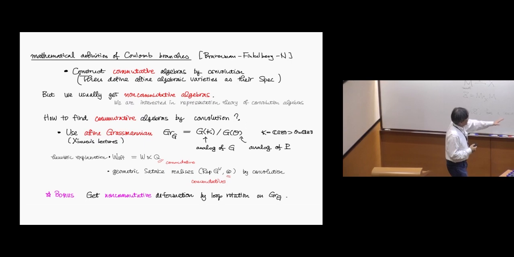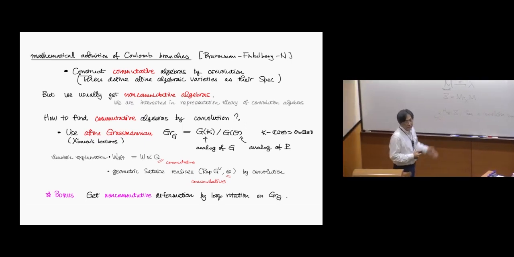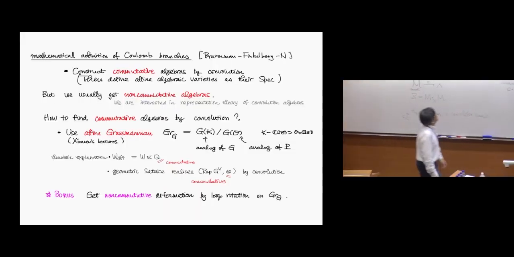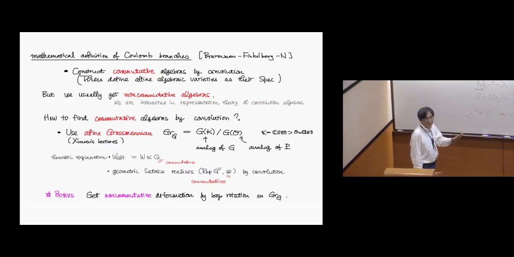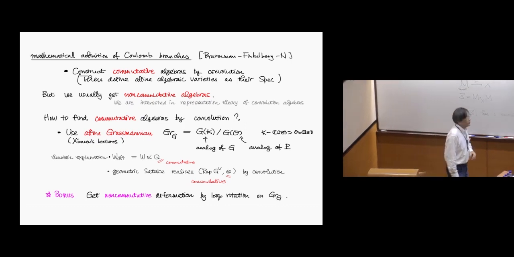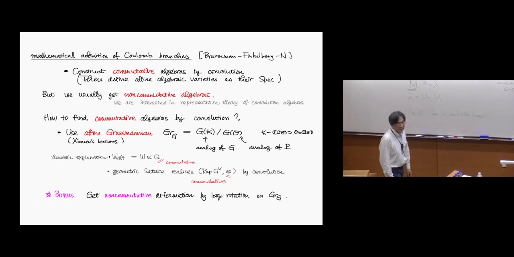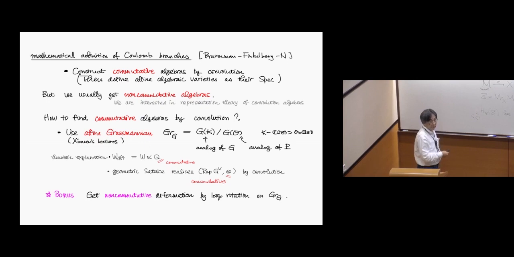But in most of the cases which people have studied, those convolution products usually give non-commutative algebra. So unless we have some kind of miracle, we don't get commutative algebra. But from the morning lecture, we just learned that this miracle happens for the affine Grassmannian. So the definition of Coulomb branch is based on the affine Grassmannian, for that reason.